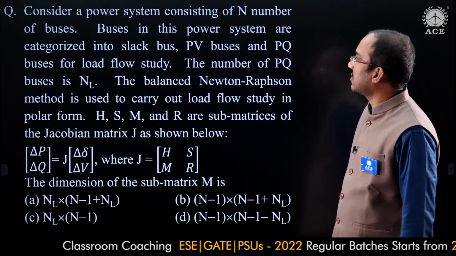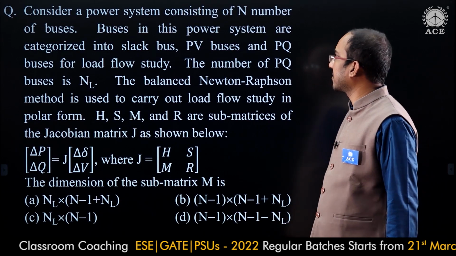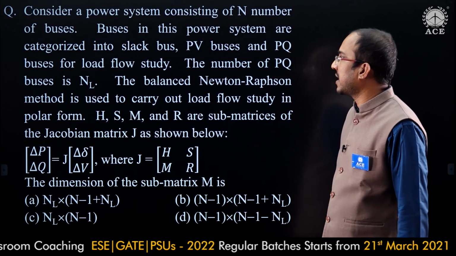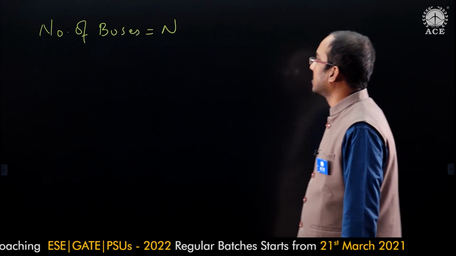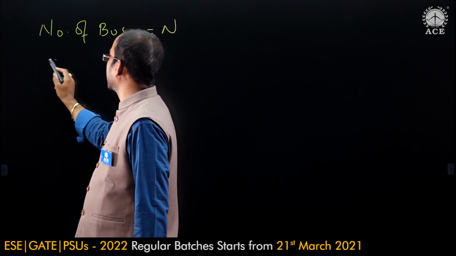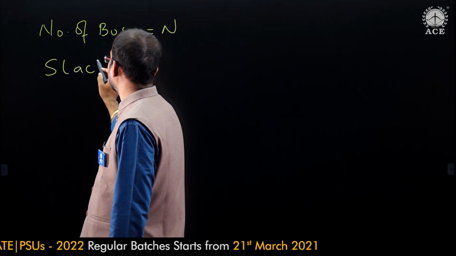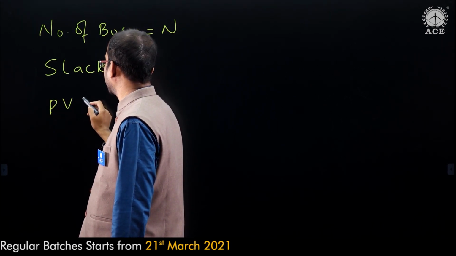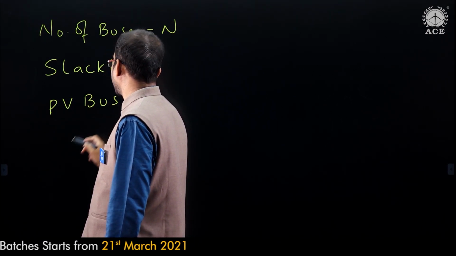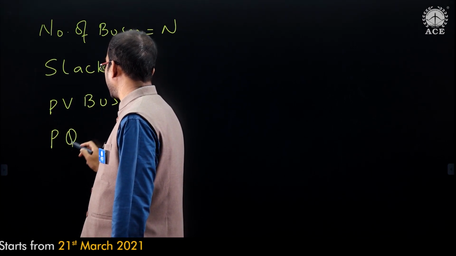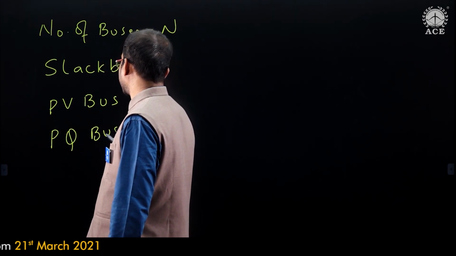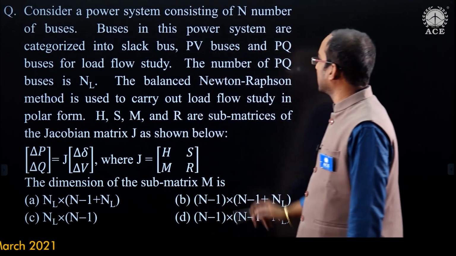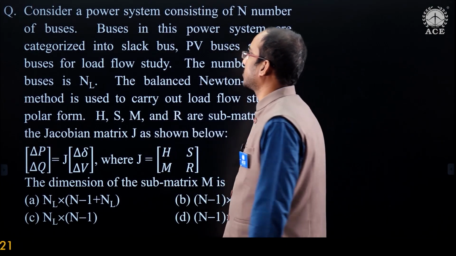Buses in this power system are categorized into slack bus, PV bus, and PQ buses for the load flow study.